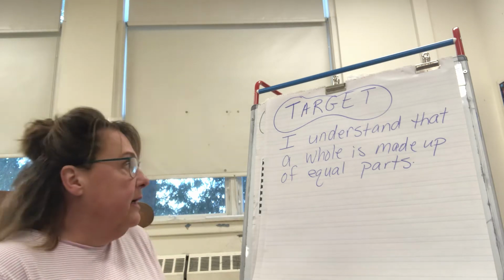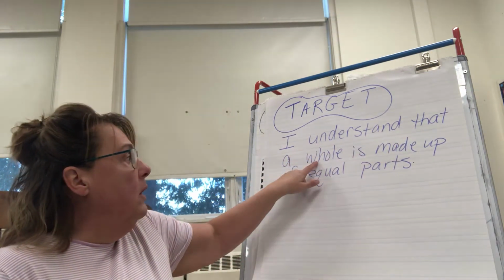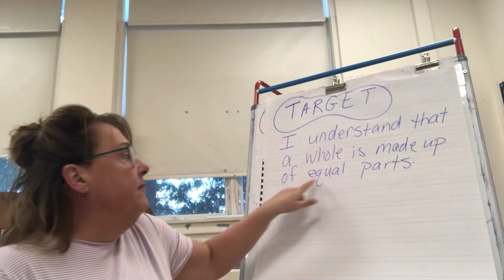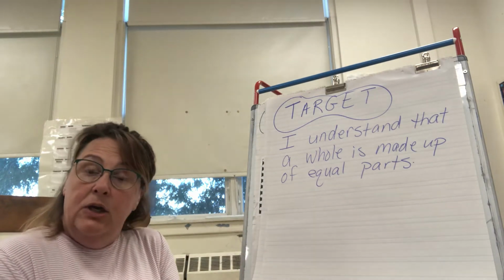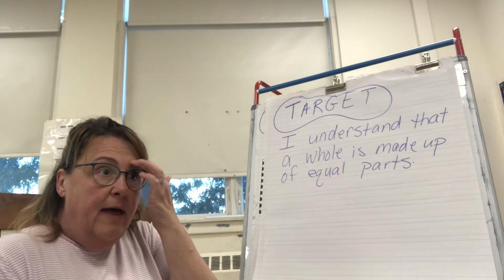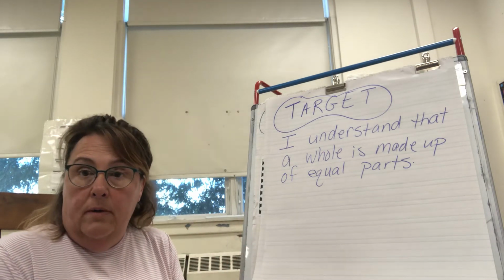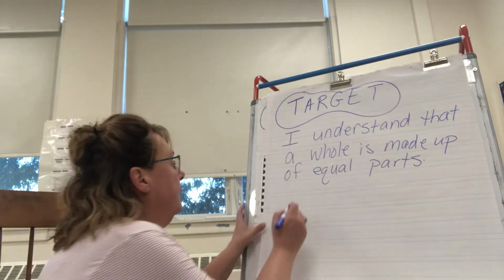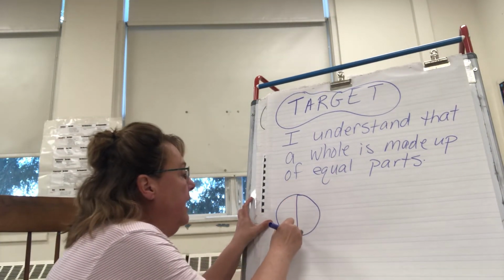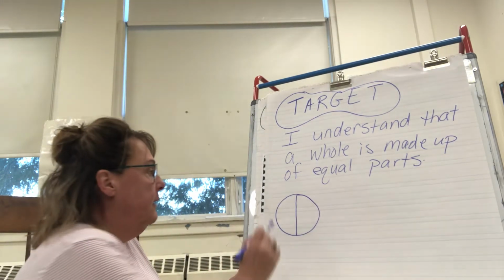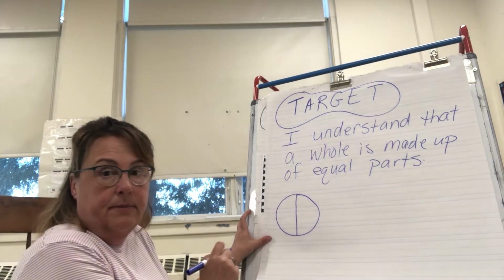So our new target is, I understand that a whole is made up of equal parts. And that just means that you know that a piece of something belongs to a whole. So for example, if I had this circle and I cut it down the middle, we have 2 parts.